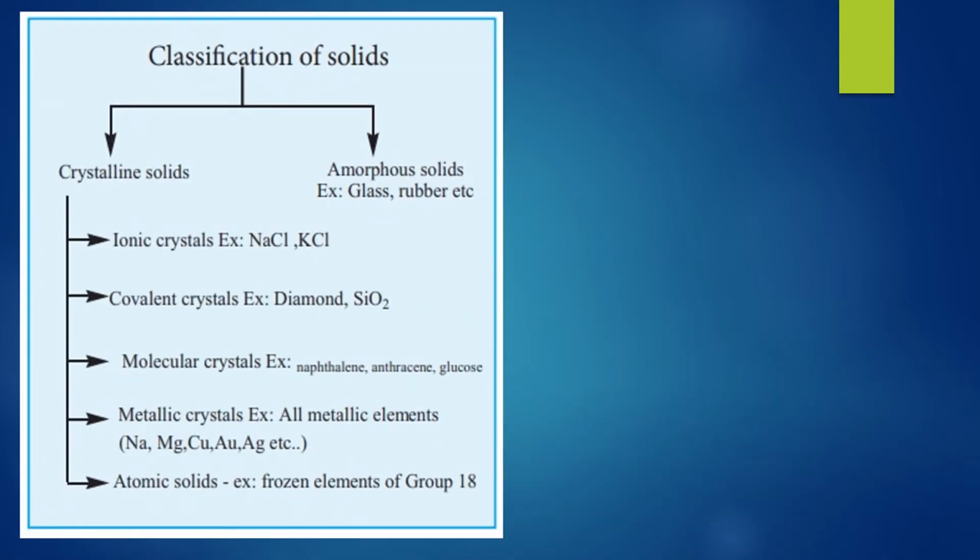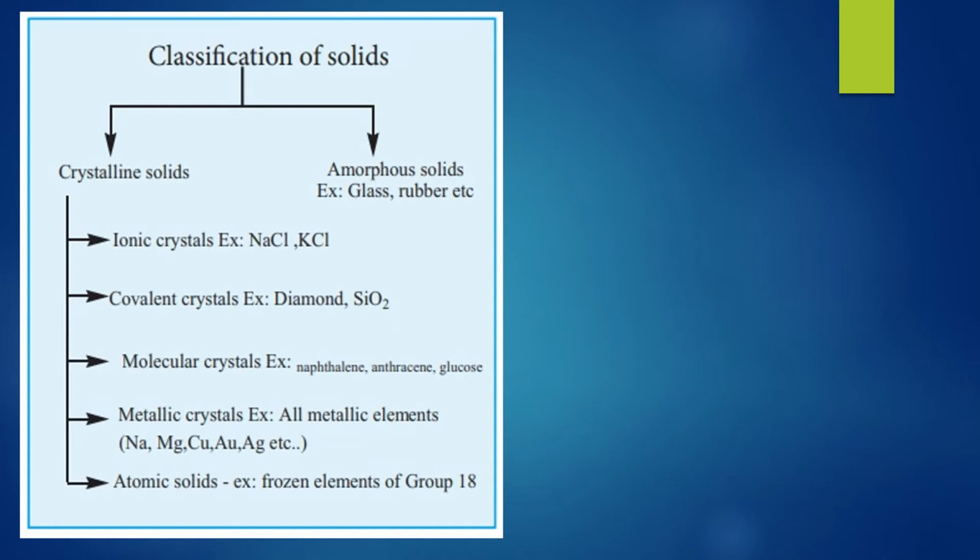Now, about the classification of solids, it is mainly classified into crystalline solids and amorphous solids. First, depending upon the constituent, crystalline solid is further divided into 5 kinds: ionic crystal, covalent crystal, molecular crystal, metallic crystal, and atomic solids.